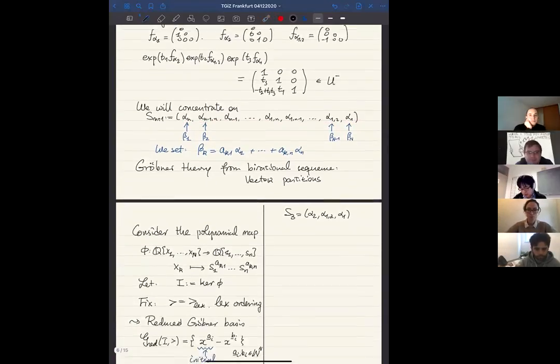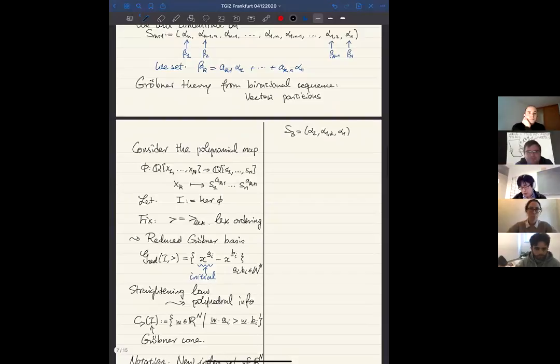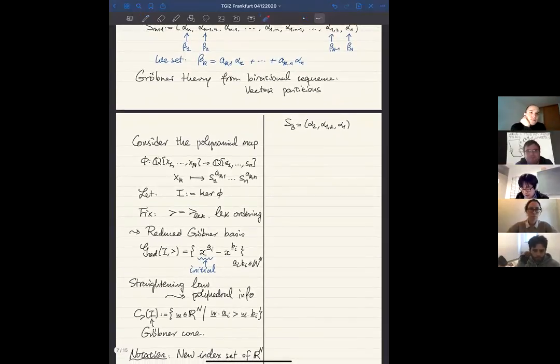Which means that I will consider a polynomial map. This is my polynomial map from the polynomial ring in x1 to xn to another polynomial ring, which maps xk to s1 to the a k1 through sn to the a kn. On the right-hand side, I will at the same time do the example, my running example S3.